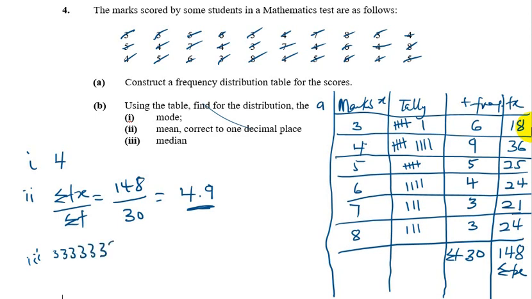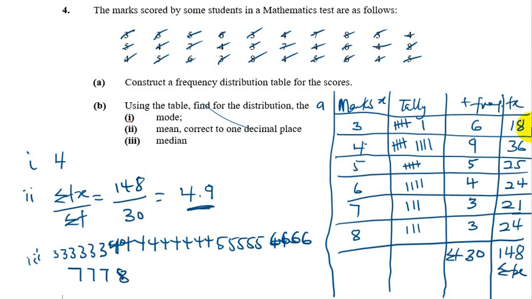For 4, we have 9, 1 2 3 4 5 6 7 8 9. For 5, we have 5, 1 2 3 4 5. For 6, we have 4, 1 2 3 4. For 7, we have 3, 1 2 3. And for 8, we have 3, 1 2 3. So these are 30.